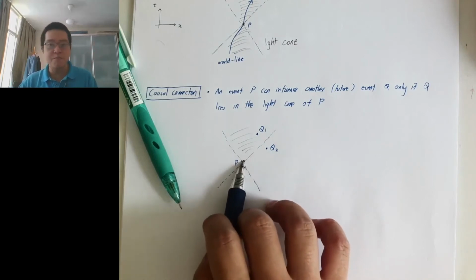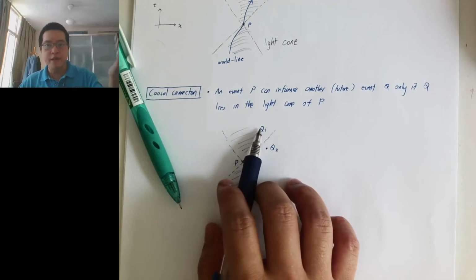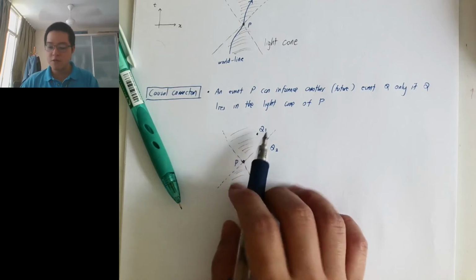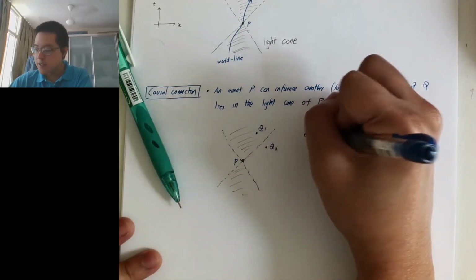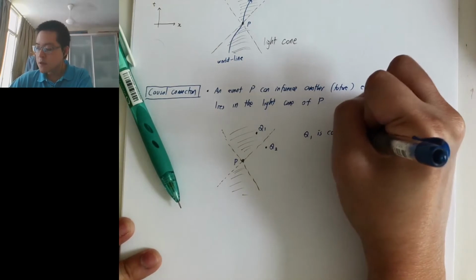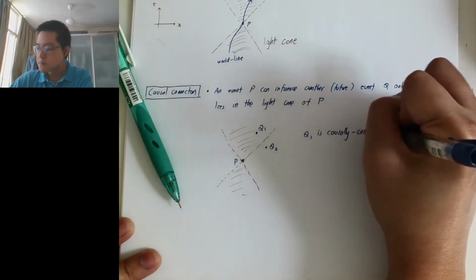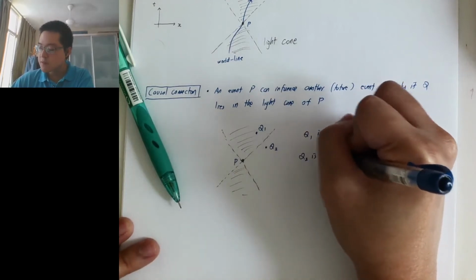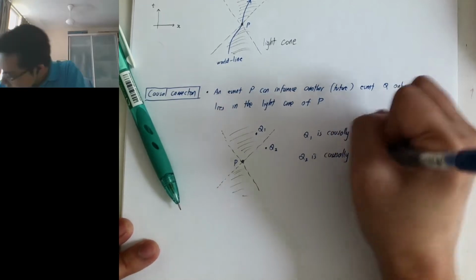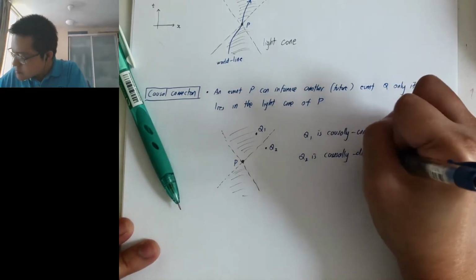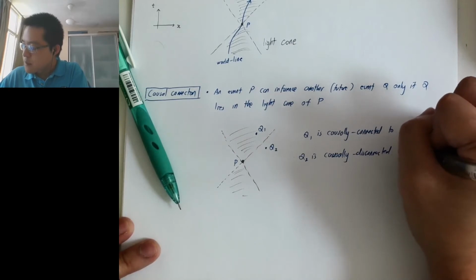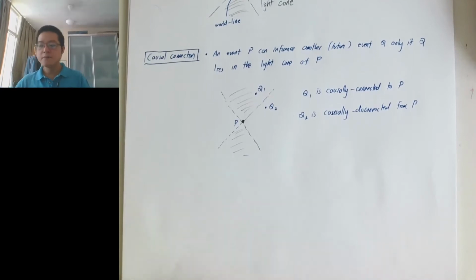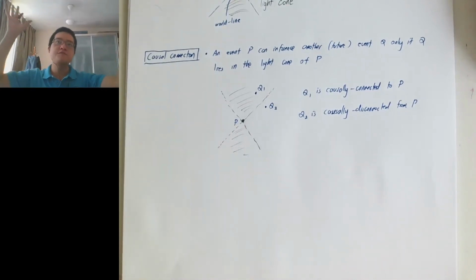Whatever happens in P will not affect Q2, but it will affect Q1 because it is possible to send information from P to Q. We say that Q1 is causally connected to P, but Q2 is causally disconnected from P. Nothing can travel between P and Q2. That is how event P can influence future events.